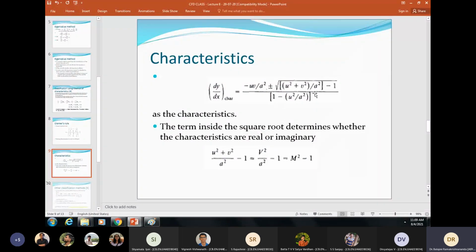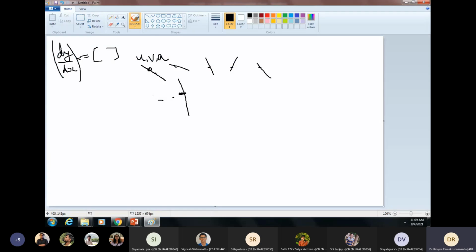So if you join points very close together, let's assume a few points very close together, you draw some line, you follow there, you come to some other point. At that point, again dy by dx may be different. You draw a straight line. At a very small near point, another may be different.